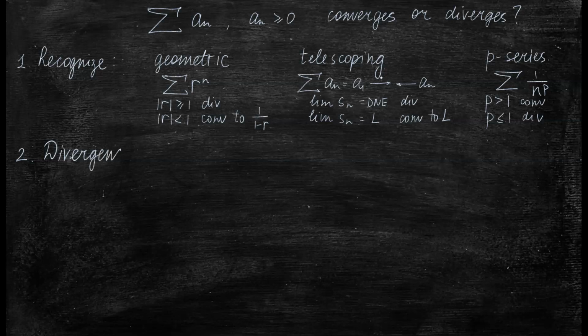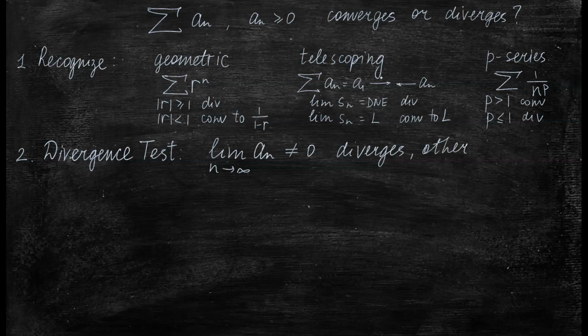Now, if you haven't recognized any of these three patterns, then you should set up and perform the divergence test. Basically, find the limit of the nth term, and if that limit is not equal to 0, then the original series diverges.